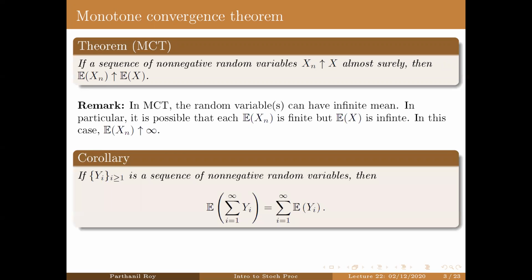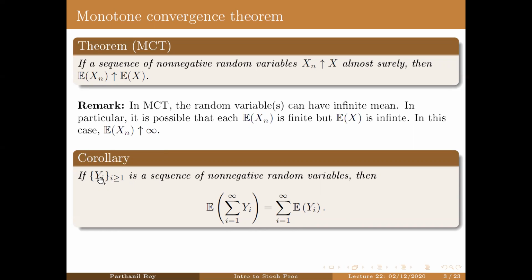Okay, one corollary that we have already used in this course without properly stating the result, but I think now it's time. I've already told you that expectation of a sum is sum of expectations. This is true for finite sums, of course, but for infinite sums also it will be true provided the random variables are non-negative. So expectation of an infinite sum is equal to the infinite sum of expectations.